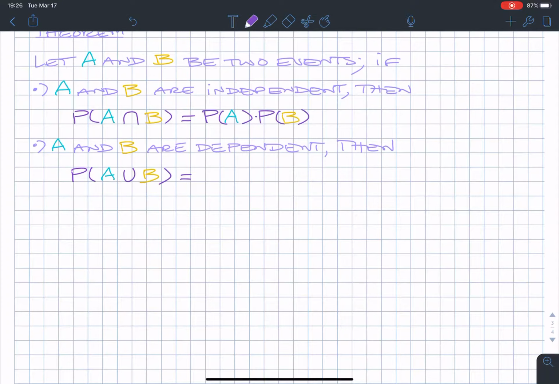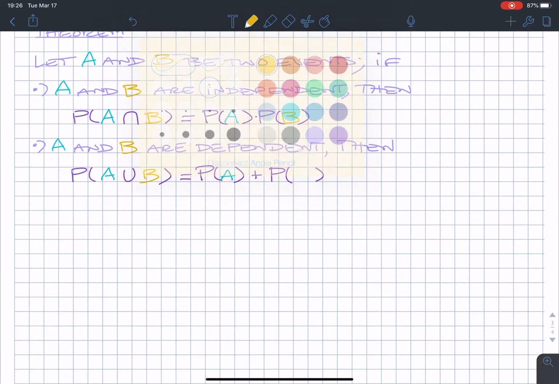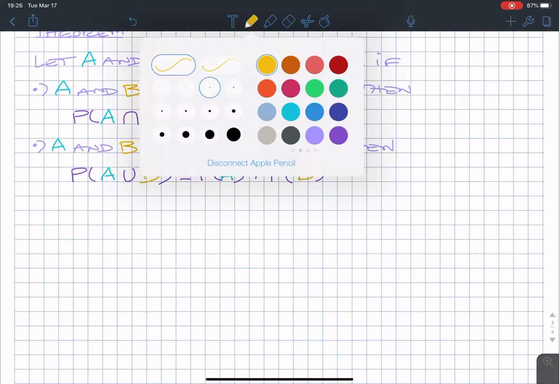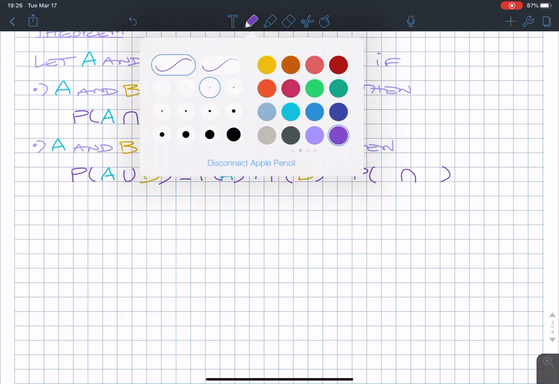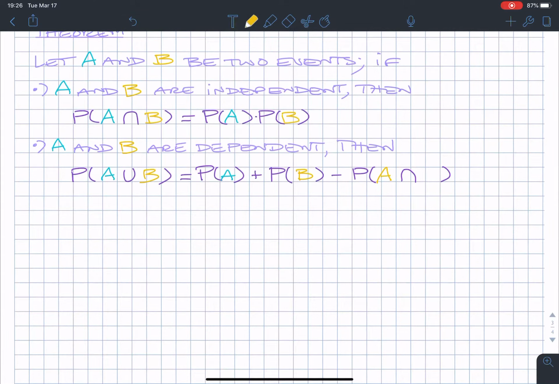This one works either way. Thinking about it, will be the probability of A plus the probability of B. And if they are dependent, then I'd be required to subtract their intersection, which is where A and B intersect. So what do I mean by that?